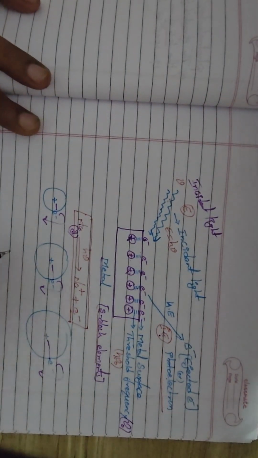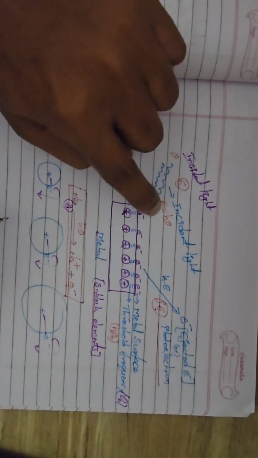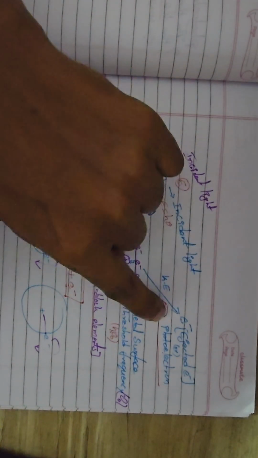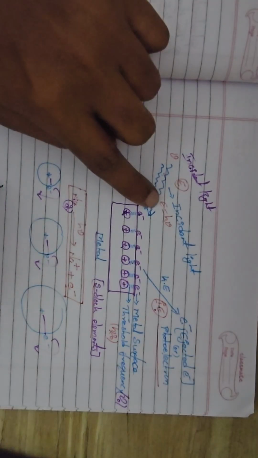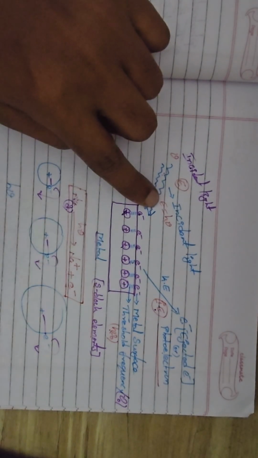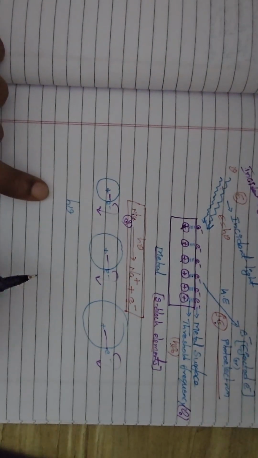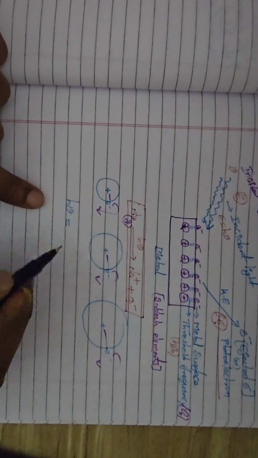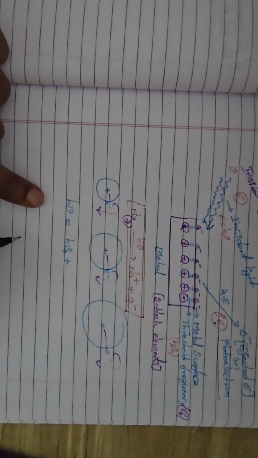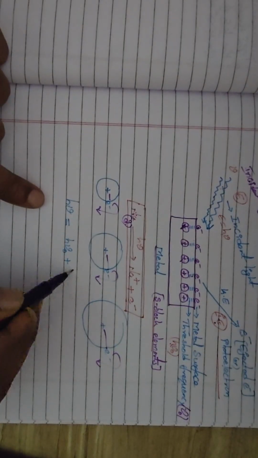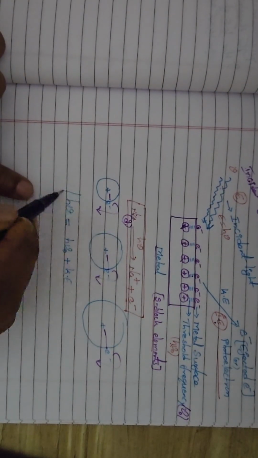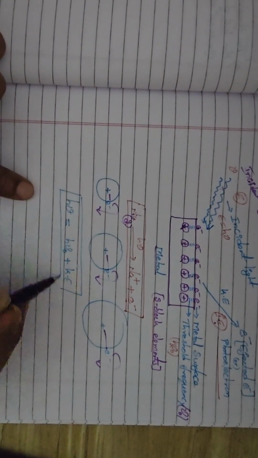Here one formula is there. This energy is converted into two parts. The incident light energy is h nu, which is equal to the sum of h nu naught and kinetic energy Ke. So this is the photoelectric effect formula.